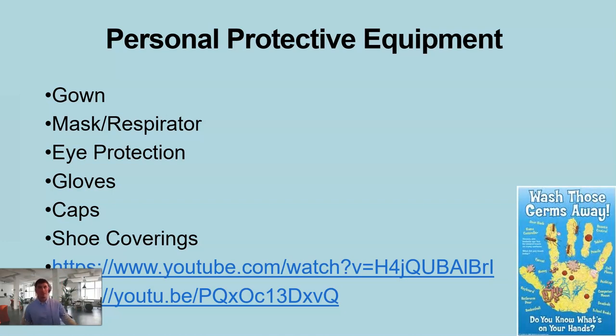Obviously, the gown is going to protect anything from touching, as you will see on one of the next visual aids. It acts as another layer, essentially an extra layer of skin to act as a barrier. We can talk about respirators, such as the special particulate respirators. The most popular one you hear about right now are the N95 masks.